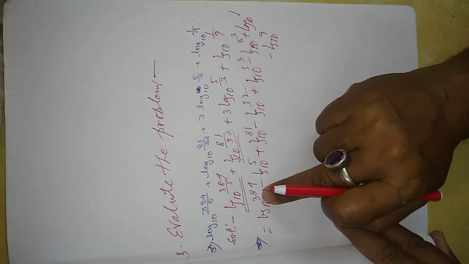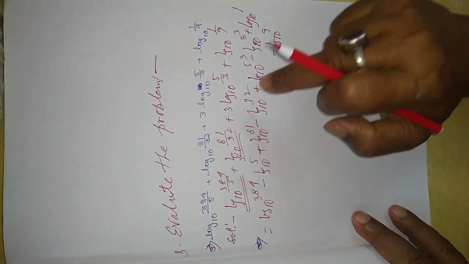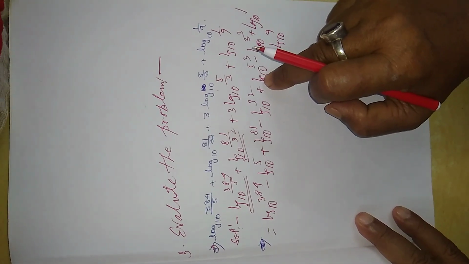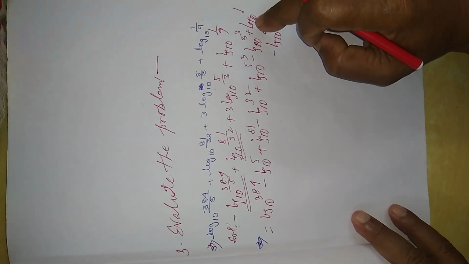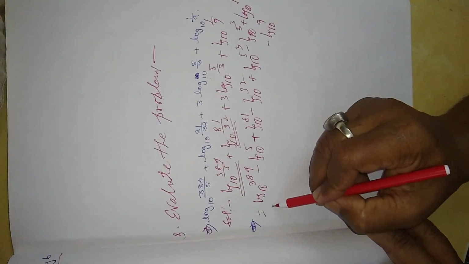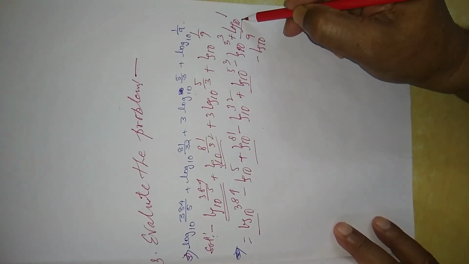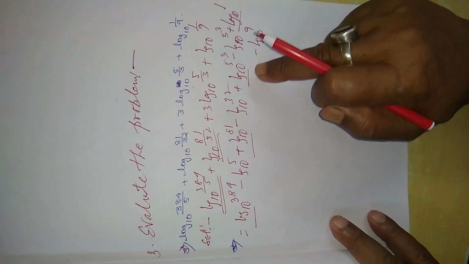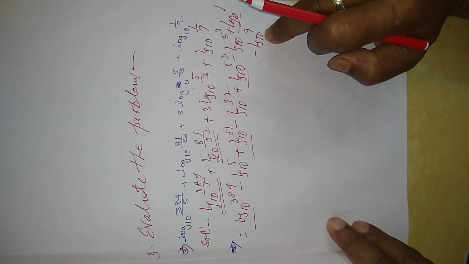Here you have to watch this point. Log 384 minus log 5 minus log 81 minus log 32 plus log 5 cube minus log 3 cube plus log 1 minus log 9. All the bases are 10. Now underline here the pluses: 1, 2, 3, 4 pluses and 1, 2, 3, 4 minuses.